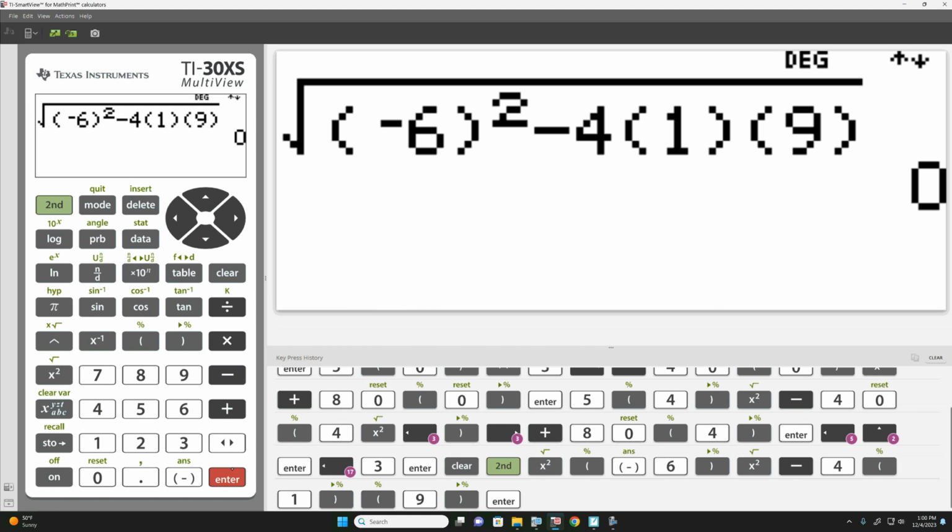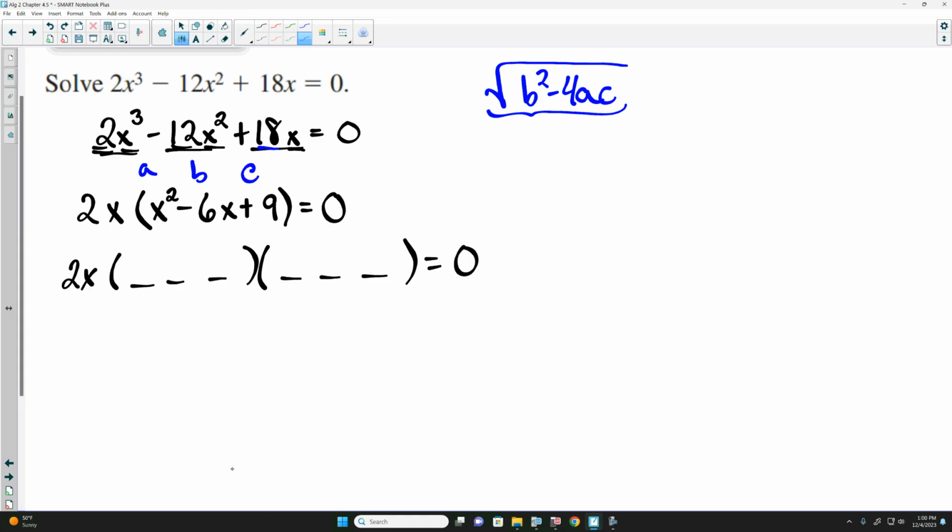Because if it doesn't work, it means it's negative imaginary solutions. So we couldn't factor it anyways. And if it gave us a radical, it means most likely our two answers are going to be irrational. We'll have a square root as part of our answer. So we couldn't factor it there anyways. But because we did get 0, we got a natural number, or, well, a whole number.